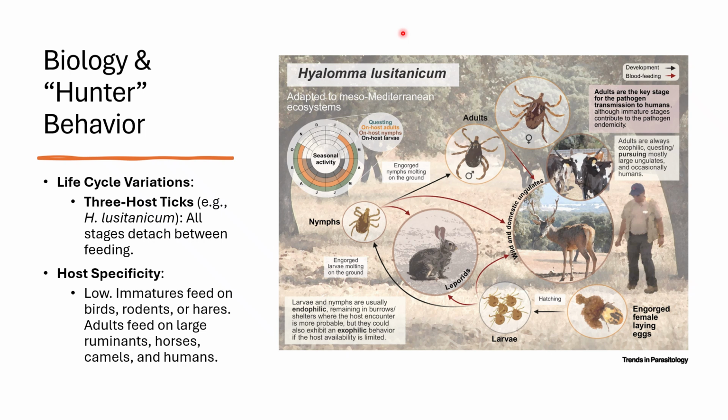They also feed on domestic livestock such as cattle, sheep, and horses, wild carnivores, and occasionally humans. For host specificity, they have low host specificity, and the immatures feed on birds, rodents, or hares, and the adults will feed on large ruminants, horses, camels, and humans.